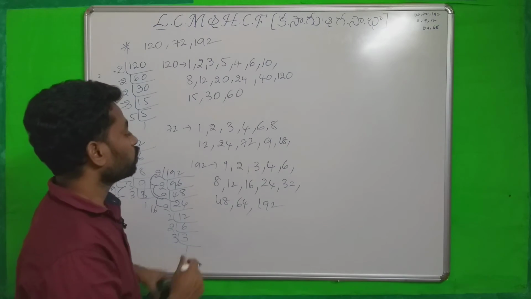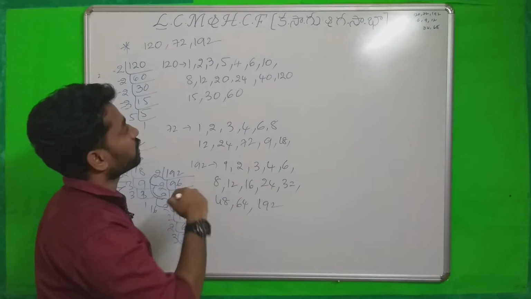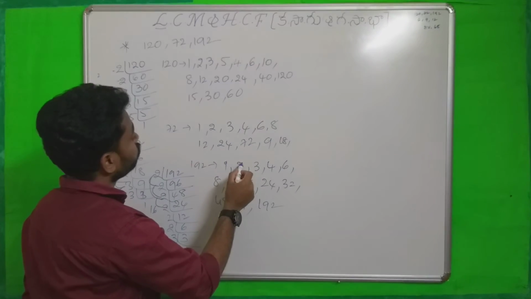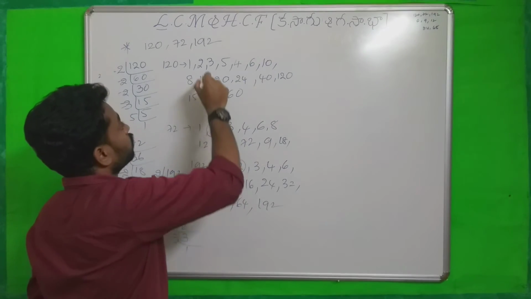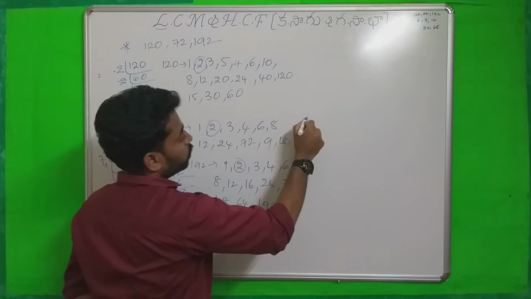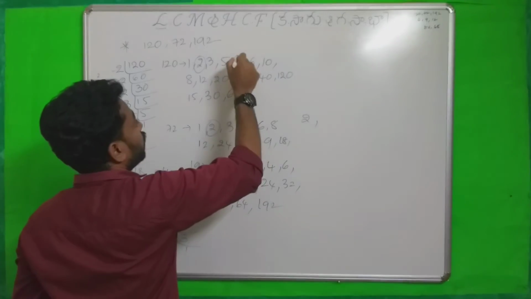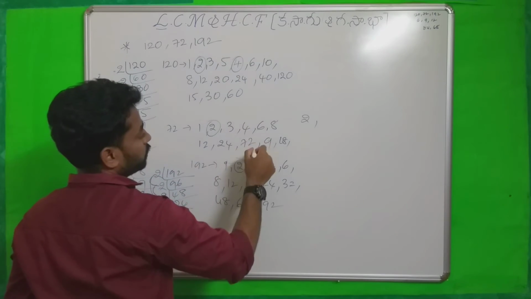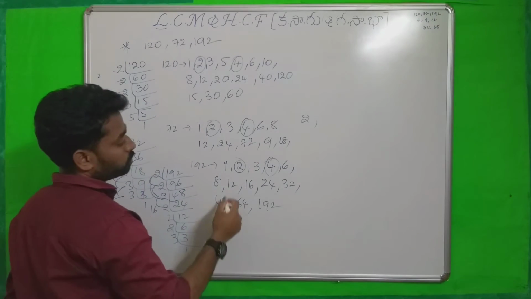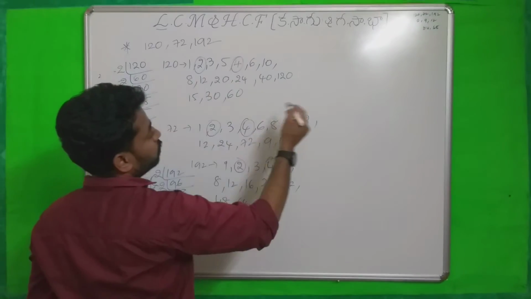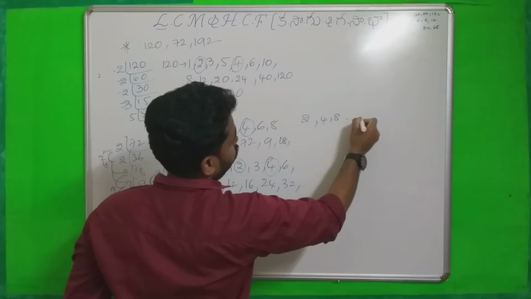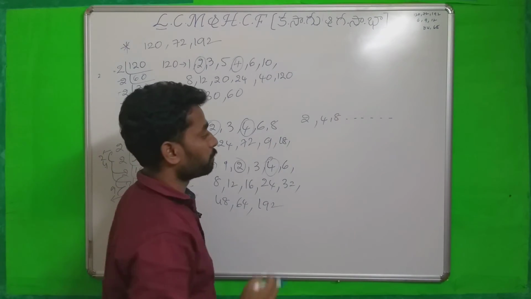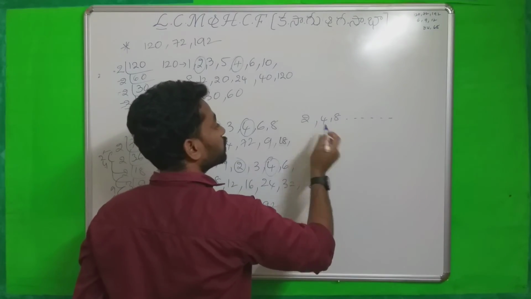Now in these, what are the common factors you have to check? So 2 is there, 2 is there, 2 is here, so 2 is a common factor, and 4 is there, 4 is a common factor. And 8 also is a common factor, 2, 4, 8, and so on. So these are the common factors, but which is the highest one?